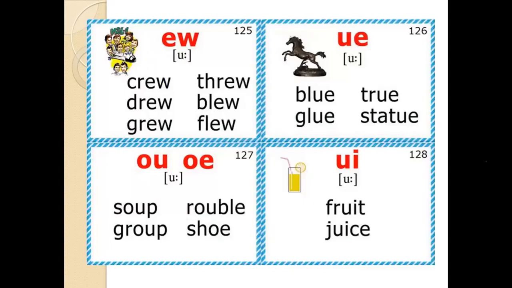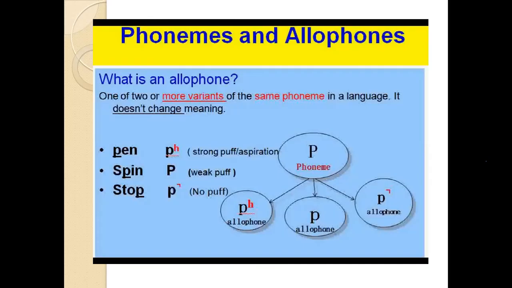And where do allophones come in? In the word spin, the p sound becomes weak. With stop, there is no puff of aspiration. So this is the difference between phonemes and allophones.